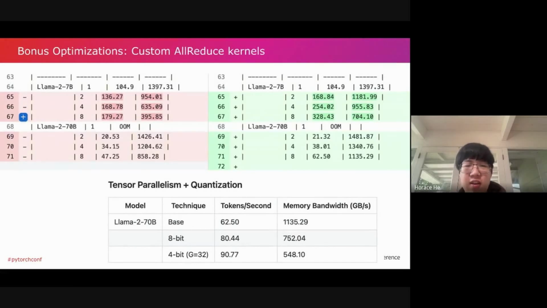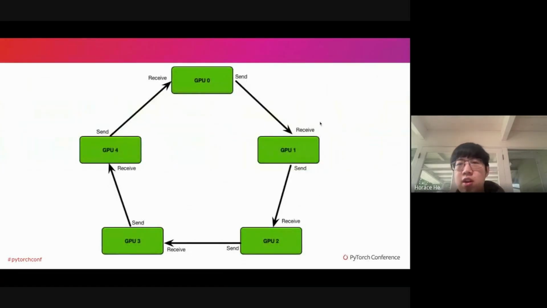The main idea here is that we have new custom all reduce kernels in PyTorch. The idea is taken from FasterTransformer initially, but we wrote our own kernels for this. All reduce is basically a primitive for communicating among different GPUs.